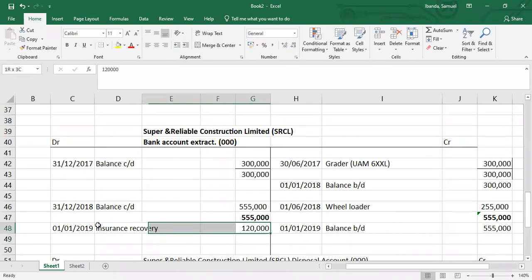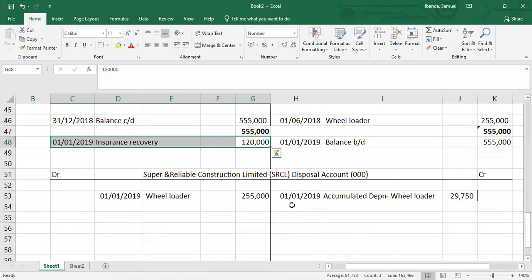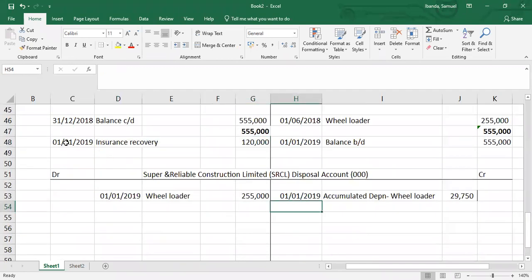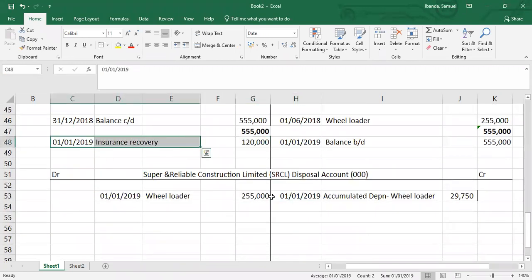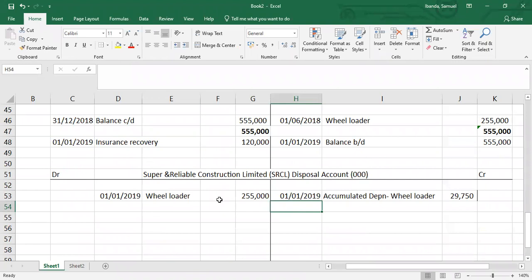Okay, so as I record it here, I'll go ahead and record it in my disposal account. The reason why I record it in my disposal account is because I've now transferred this asset from the asset account and also from the accumulated depreciation. So anything to do with this asset is within its disposal, okay? Because it's also from here that I'll be able to get any profit or loss on disposal.